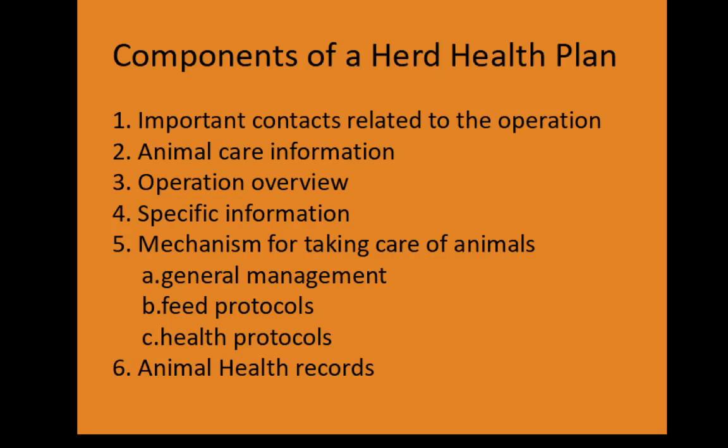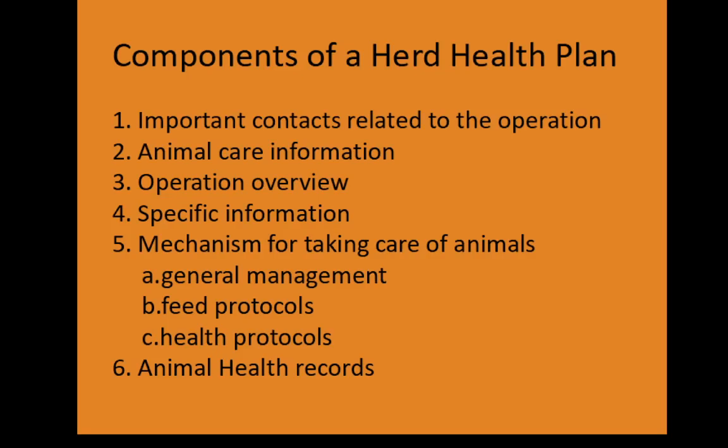Let's say, for example, if we keep different facilities in different areas, then we should have directions to our farm. It should come in handy whenever we need to guide auxiliary personnel or outside personnel who, for example, need to collect blood samples, or for those who need to deliver feeds and they're not familiar with your farm.